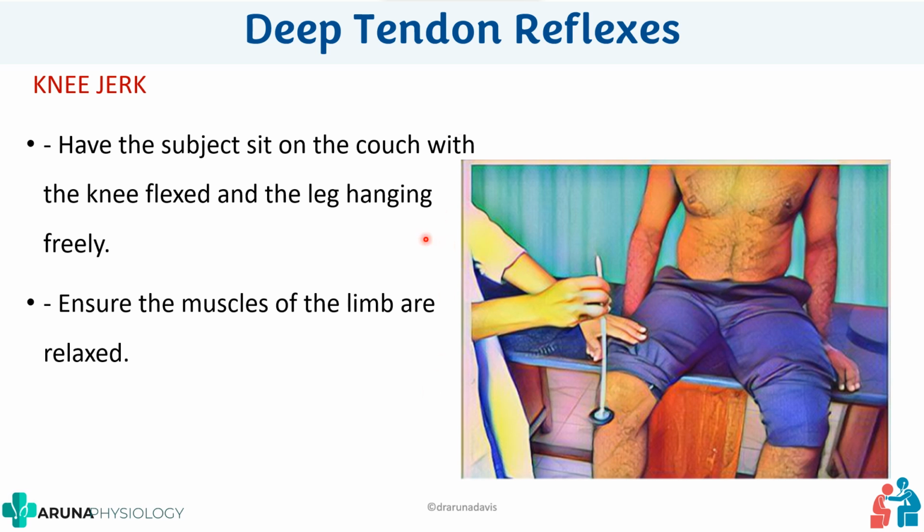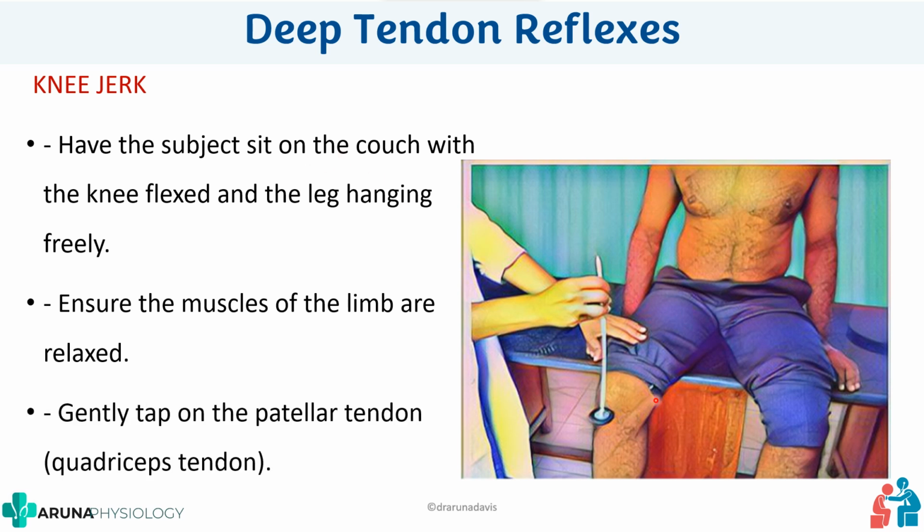The knee jerk is also called the patellar reflex. So we palpate for the patella and tap the patellar tendon, which is just below the patella, with the knee hammer. Remember, in this case, you're going to hold the knee hammer upside down. So you can just tap the tendon just below the patella like this.